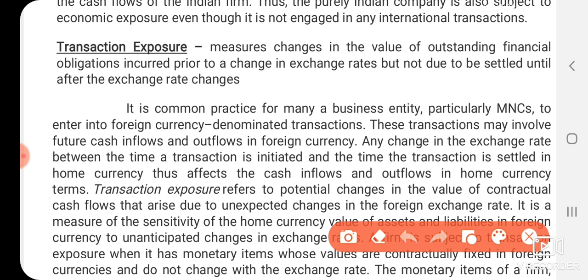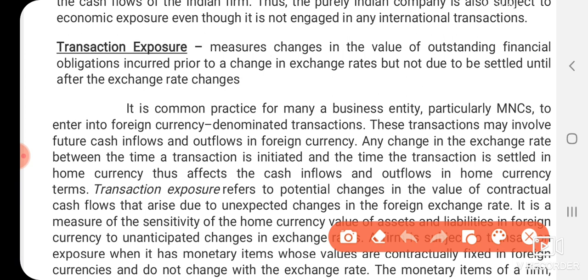I've already explained in a previous video what is meant by contractual cash flows. They may be cash inflows or outflows. For example, take a bond which has a maturity period of 5 years, but its value is reset every 6 months.